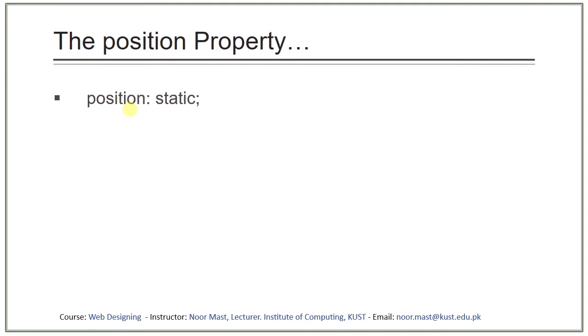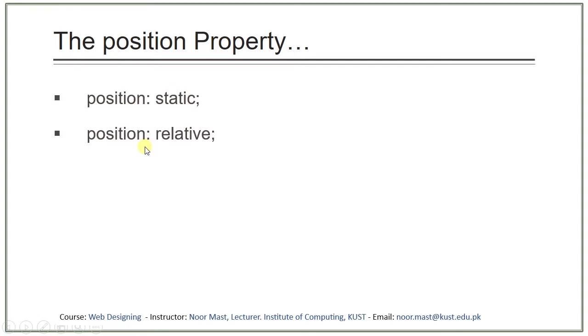Static position. HTML elements are positioned static by default. Static position elements are not affected by the offset properties, that is, top, bottom, left, and right properties. An element with position static is not positioned in any special way. It is always positioned according to the normal flow of the page.